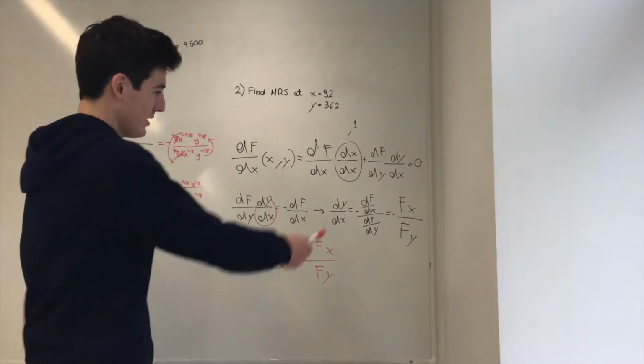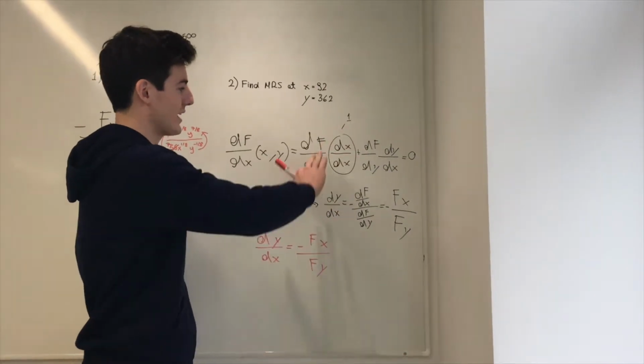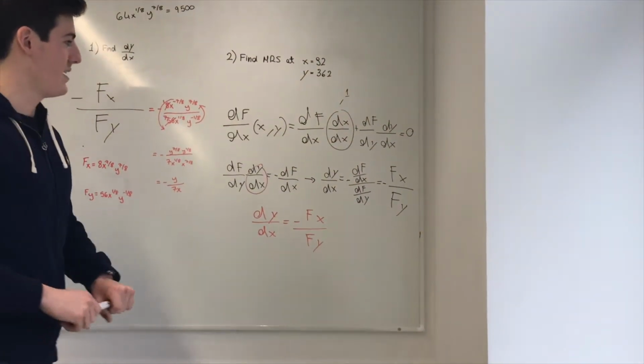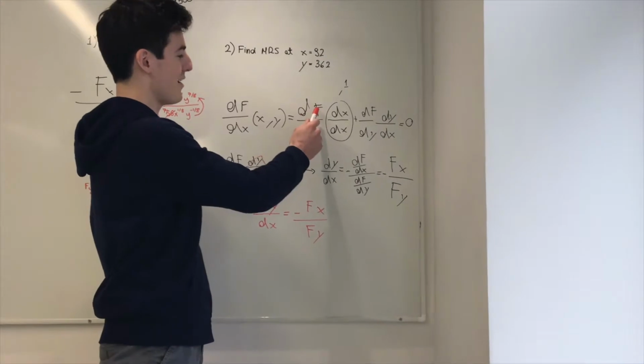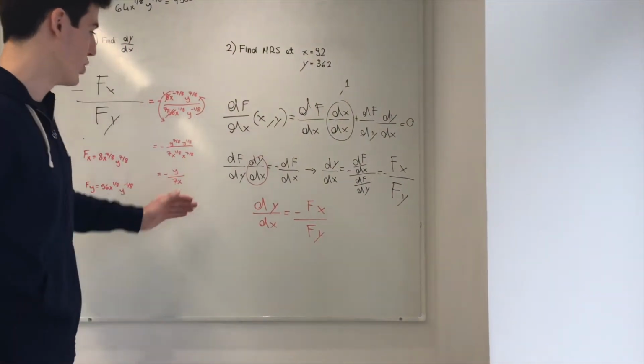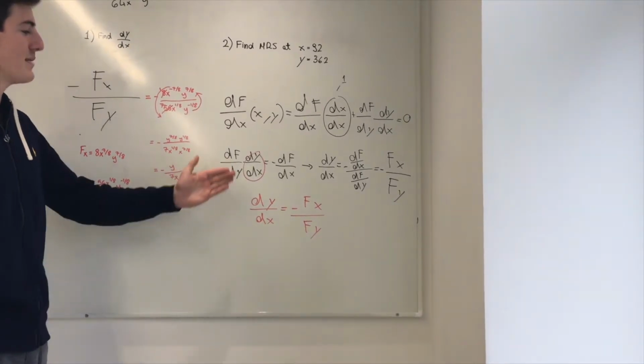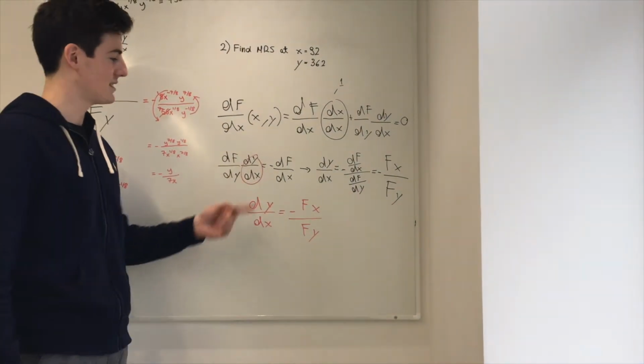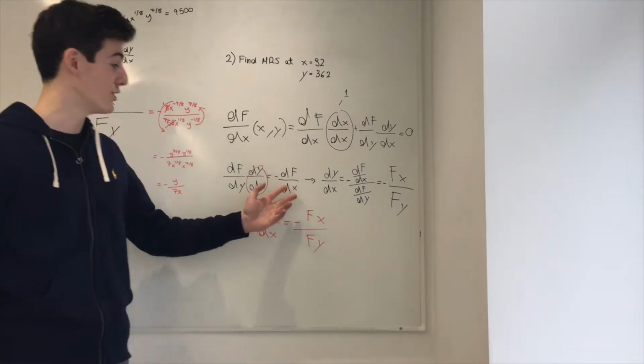So as I said before, dx over dx is 1, so we can cancel that out. And then we can take this df over dx and put it on the other side of the equation. So we will have df over dy times dy over dx equals minus df over dx.